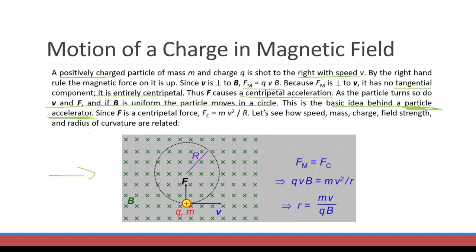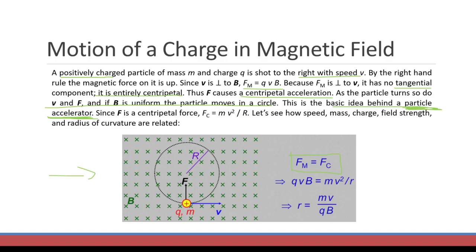Since Fm is the centripetal force, Fc equals mv squared over r, let's see how speed, mass, charge, field strength, and radius of curvature are related. Because Fm is the centripetal force, we're allowed to make Fm equal Fc.